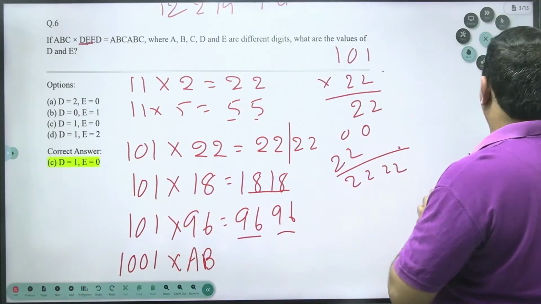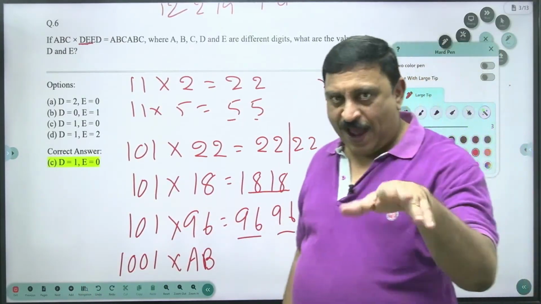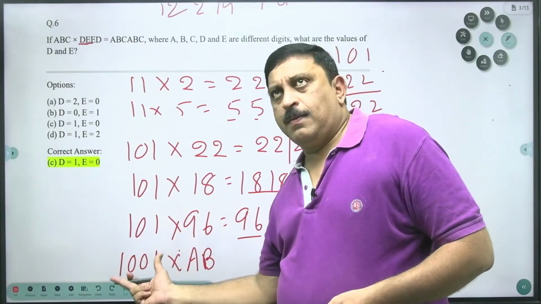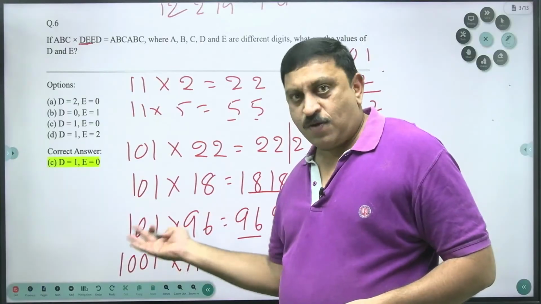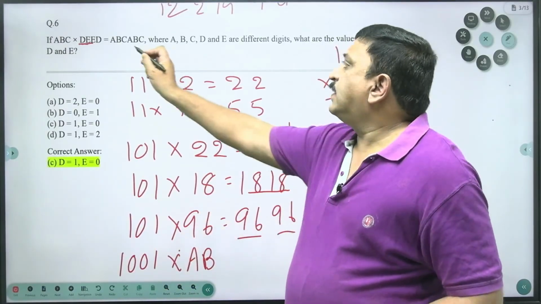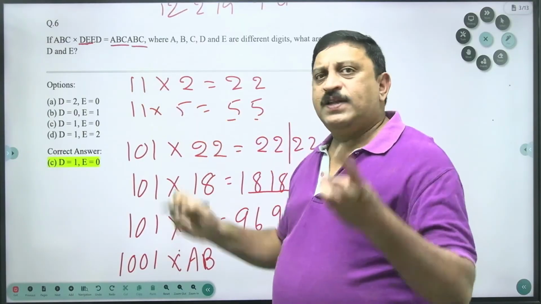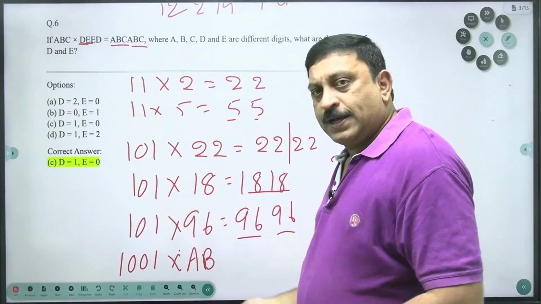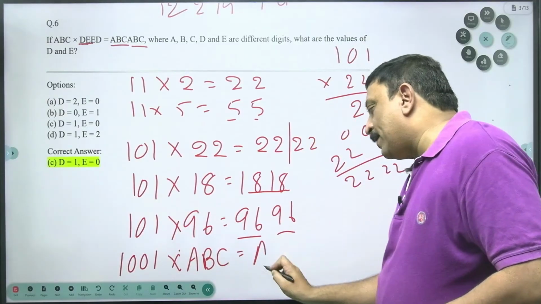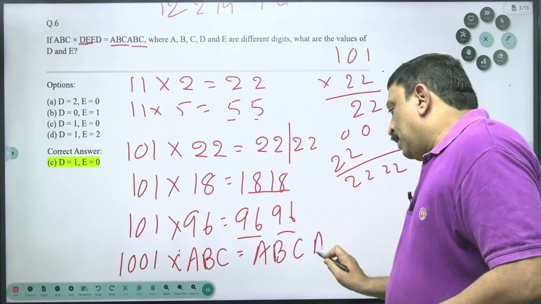This is the actual logic. So that's why generally we have so many concepts regarding 1001, 101 like that. When it is 1001, no doubt the 3 digits will be repeated. ABC means no doubt it is ABCABC. You can see that one.